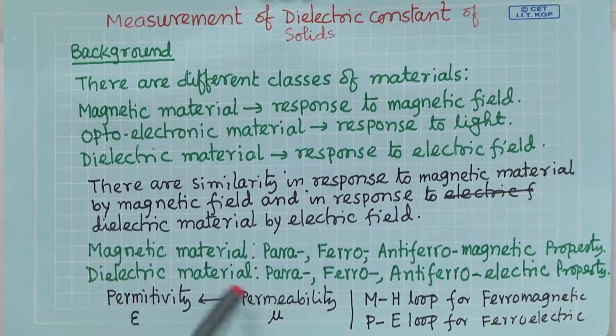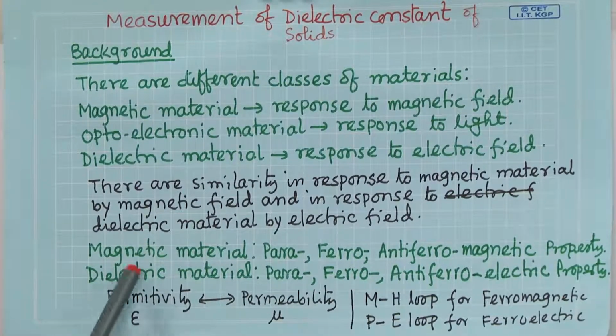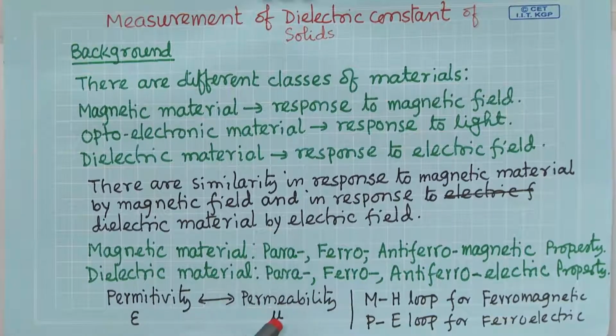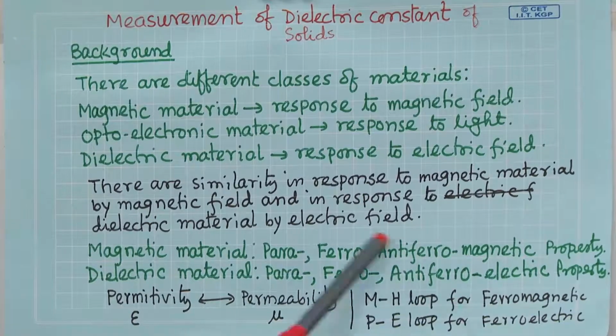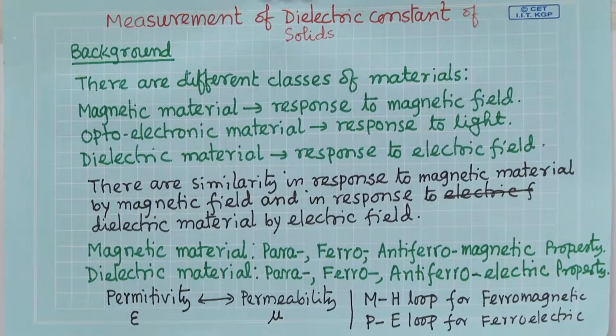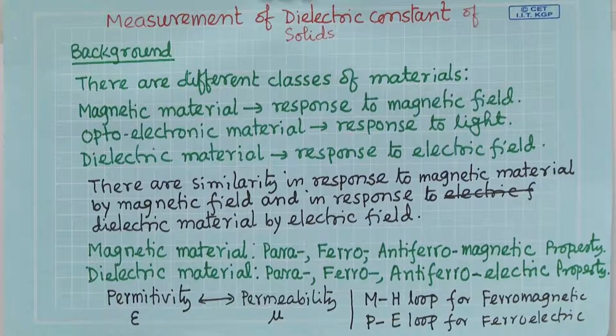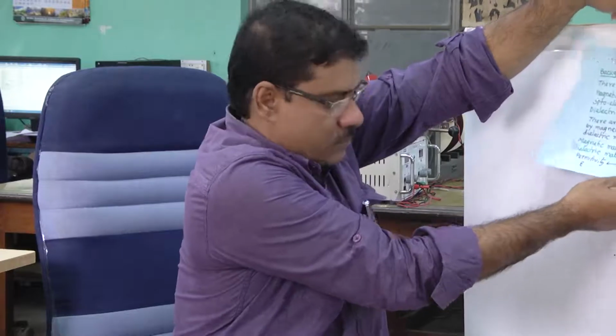Permittivity epsilon in a dielectric material is equivalent to the permeability of a magnetic material. The MH loop or BH loop is the characteristic of ferromagnetic material. Similarly, in ferroelectric material, the PE loop is the characteristic of ferroelectric material. So after magnetic material, we will perform some experiments on dielectric material.